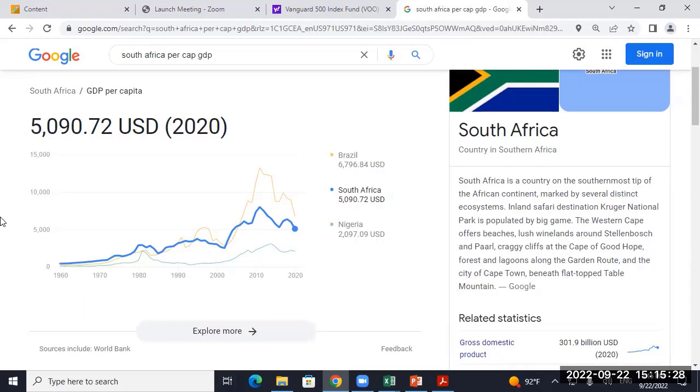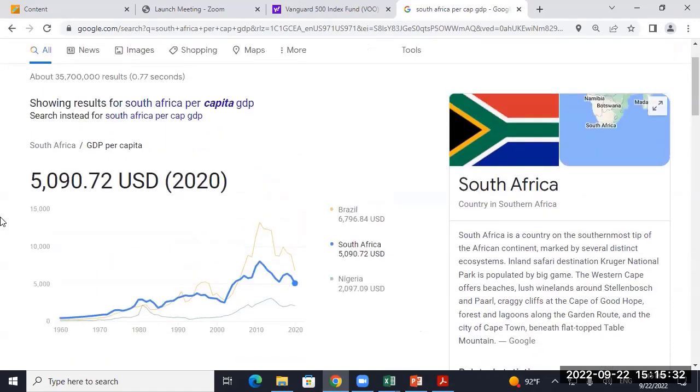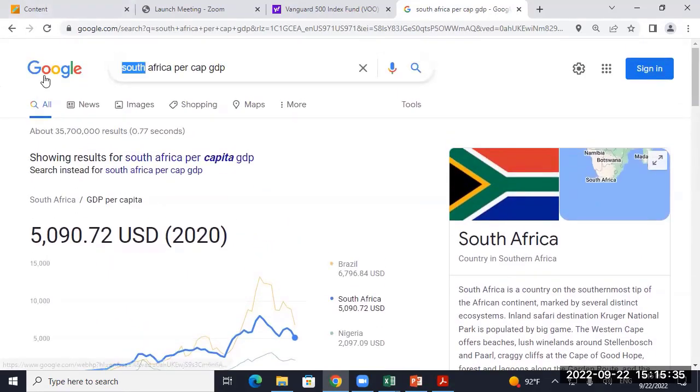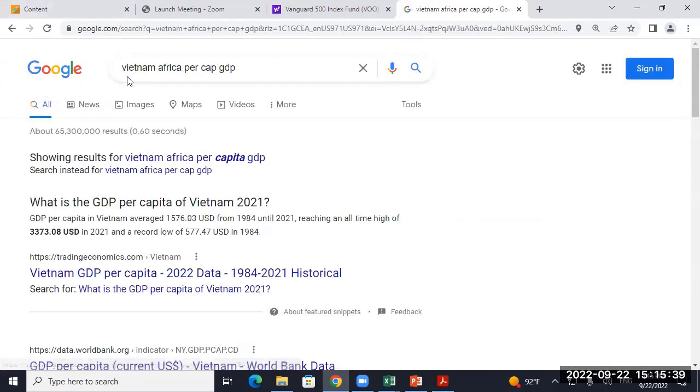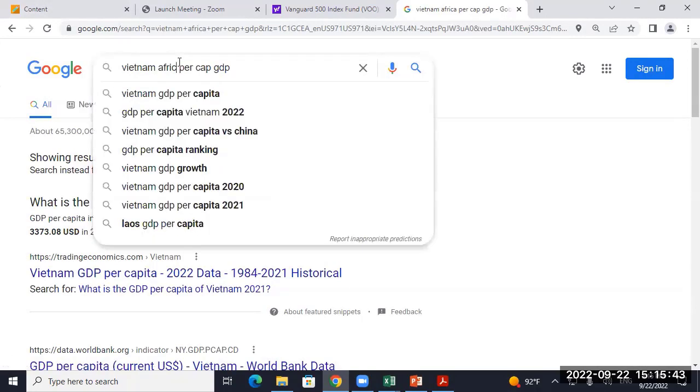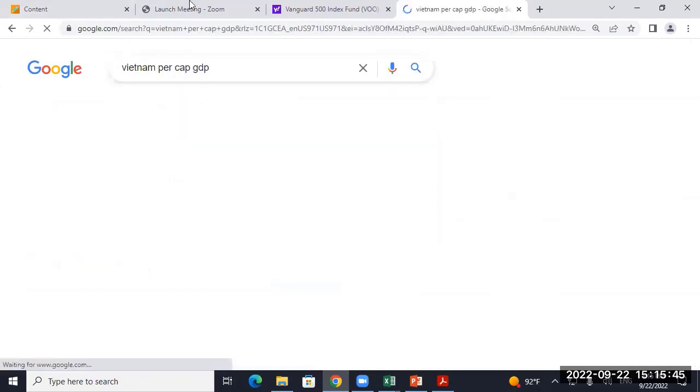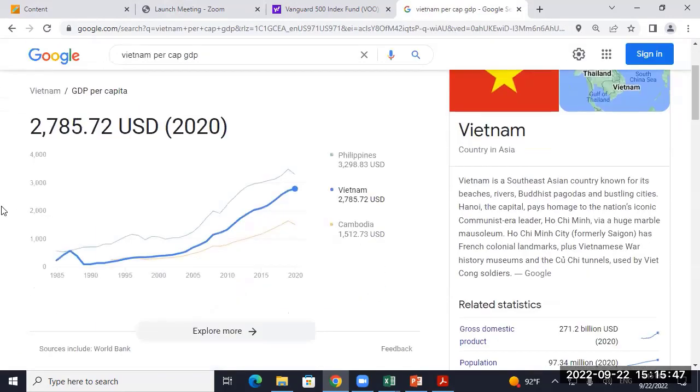And now you see that China is twice as wealthy as South Africa. So these things can change pretty dramatically. Vietnam, did I not spell it correctly? Oh, Vietnam. 2,700. But it has grown quite dramatically.